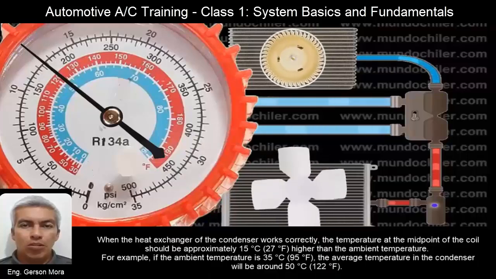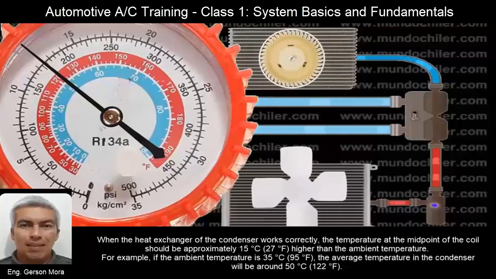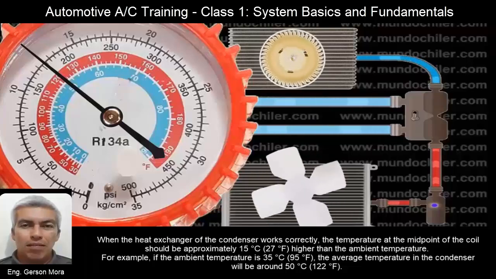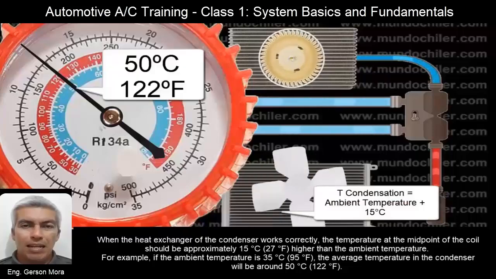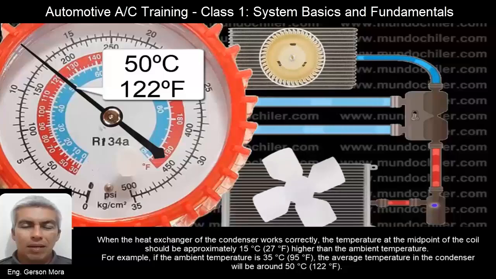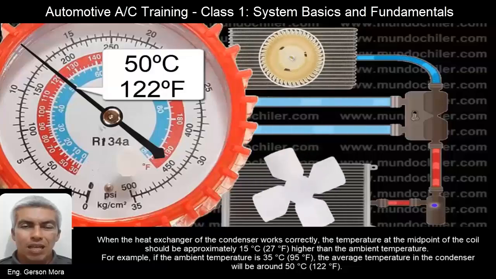When the heat exchanger of the condenser works correctly, the temperature at the midpoint of the coil should be approximately 15 degrees Celsius or 27 degrees Fahrenheit higher than the ambient temperature. For example, if the ambient temperature is 35 degrees Celsius or 95 degrees Fahrenheit, the average temperature in the condenser will be around 50 degrees Celsius or 122 degrees Fahrenheit.